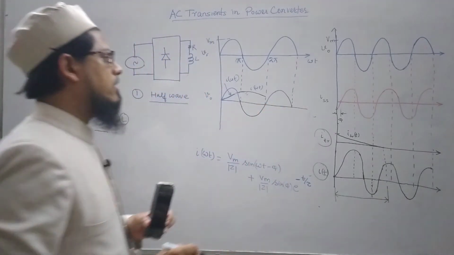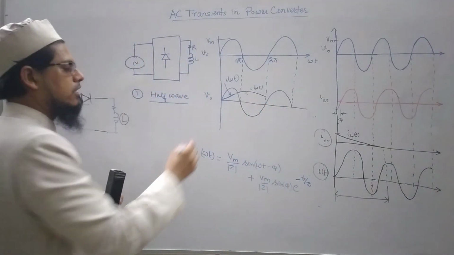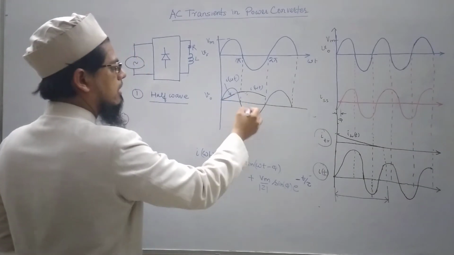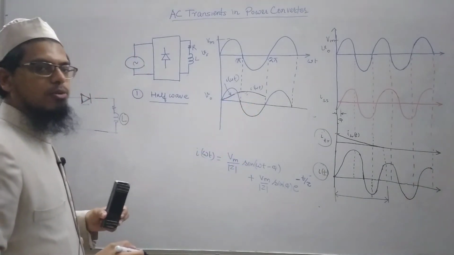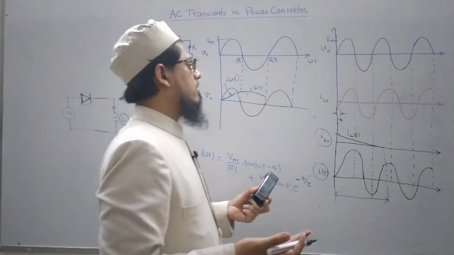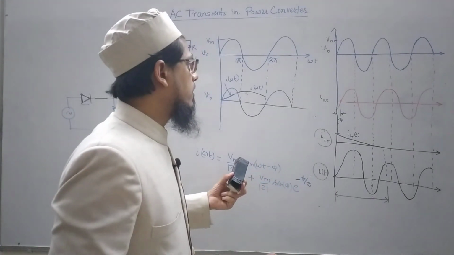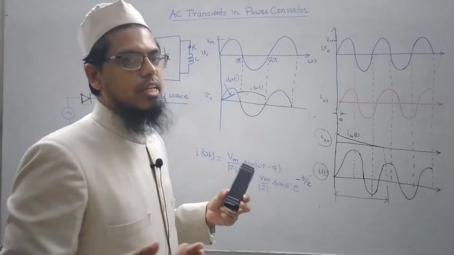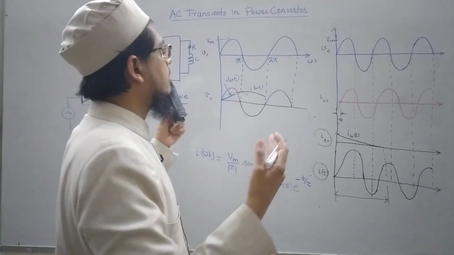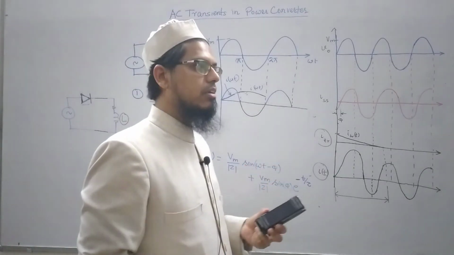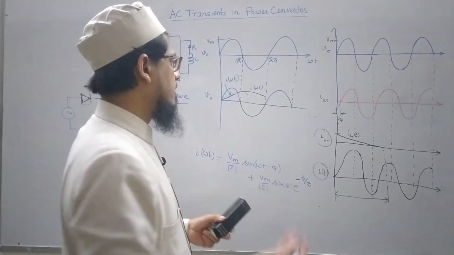Just see how the output voltage in the negative half cycle would appear. This is a case wherein L is very large, because we are basically concerned with understanding the transients that would be present in the power converter circuit. That's why I have taken this case.